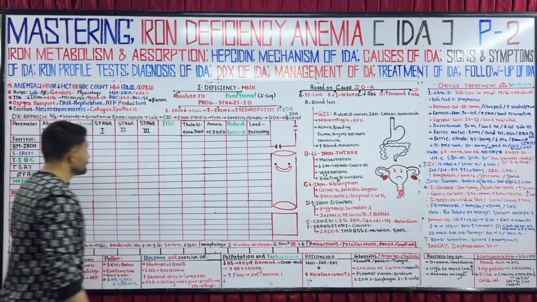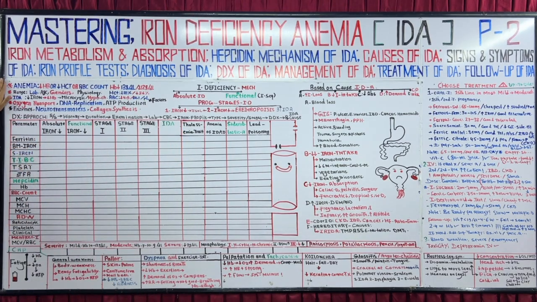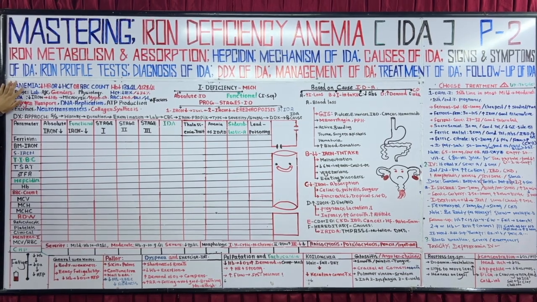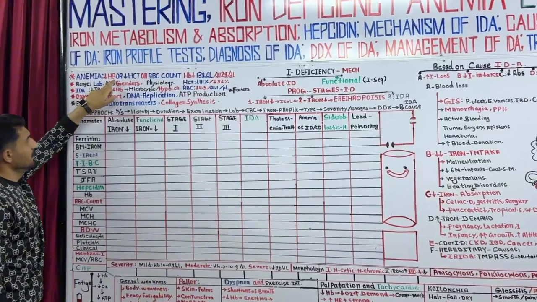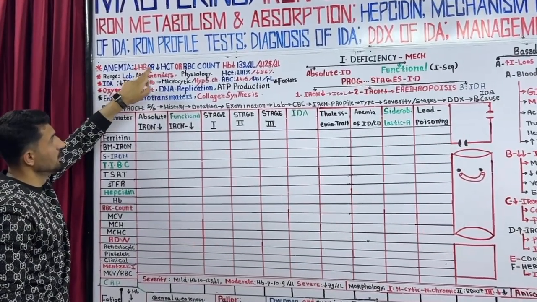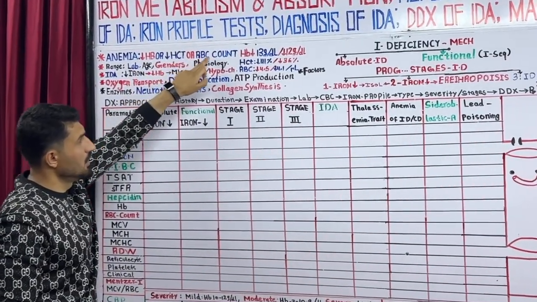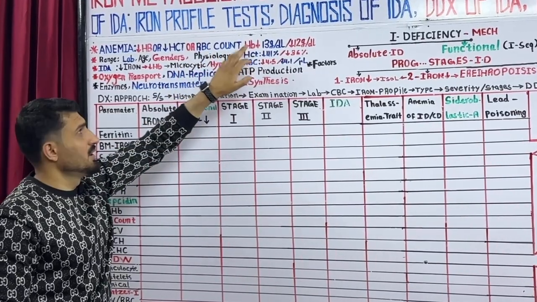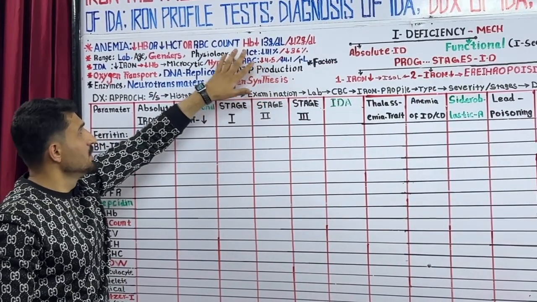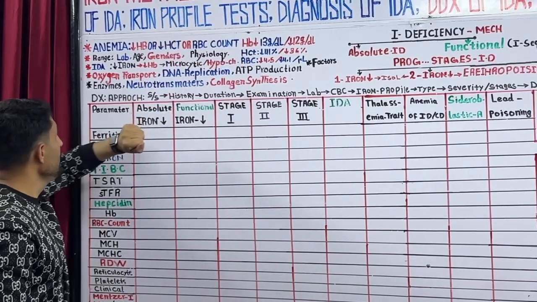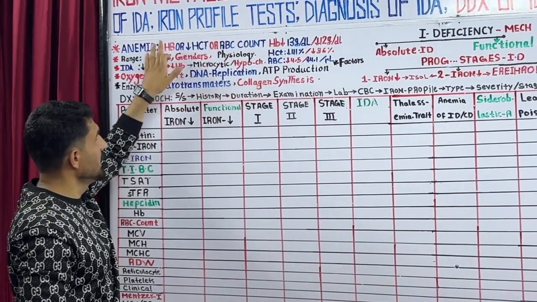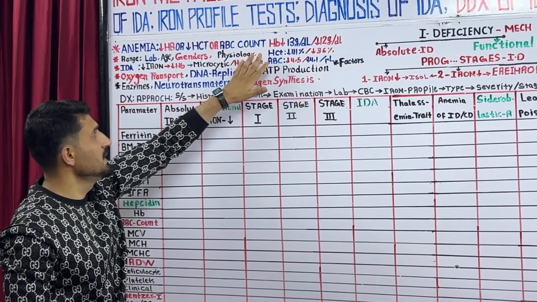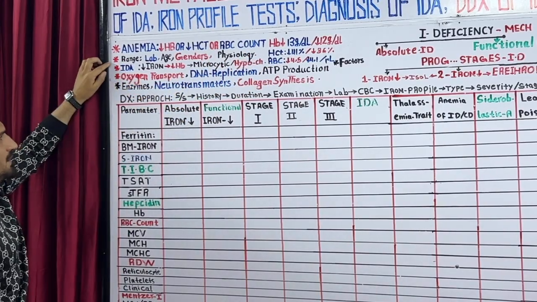Okay, so in previous lecture, we defined anemia: anemia is when a normal level of hemoglobin or hematocrit or RBC drops below its normal range. Okay, so this is called anemia. And the normal range of hemoglobin, hematocrit, and RBC depends on some factors.